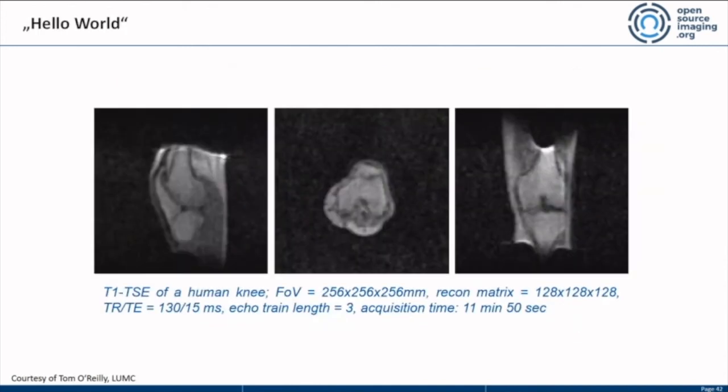In the last meeting, he was kind enough to share this image, a knee image on this system. It took less than 12 minutes, with a common turbo spin echo sequence and no correction used. There is a lot of room for improvement on the post-processing side to improve the quality of this image.